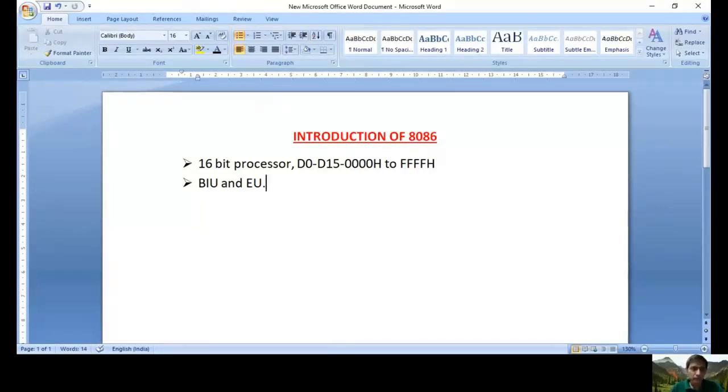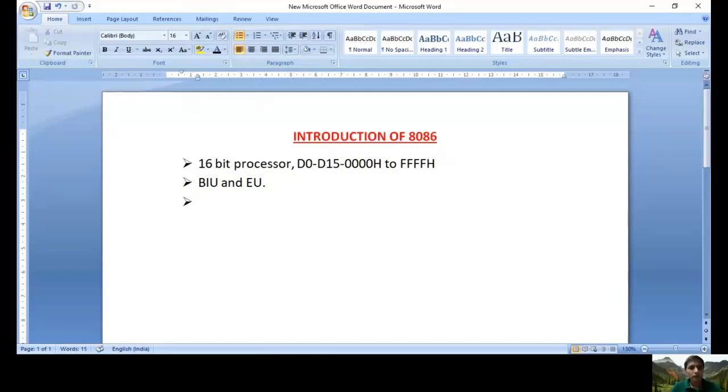The role of the bus interfacing unit is to fetch the instructions from external memory or IO device, and then decode them. After fetching and decoding, those instructions enter the execution unit for execution. The execution unit mainly contains registers, ALU and other arrangements, but both are designed for 16-bit only.